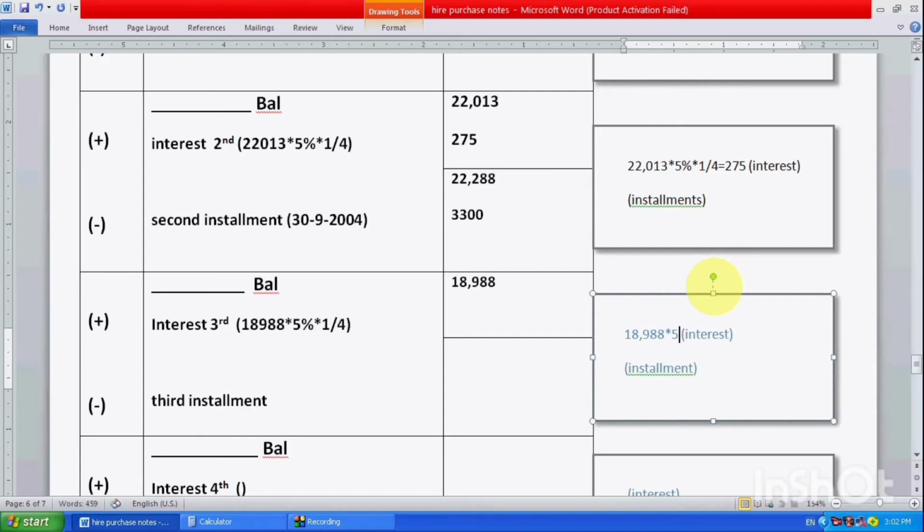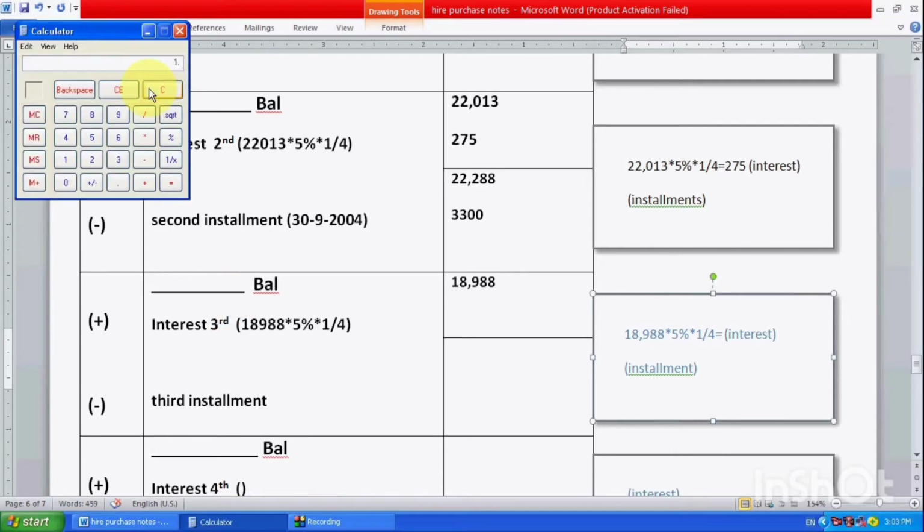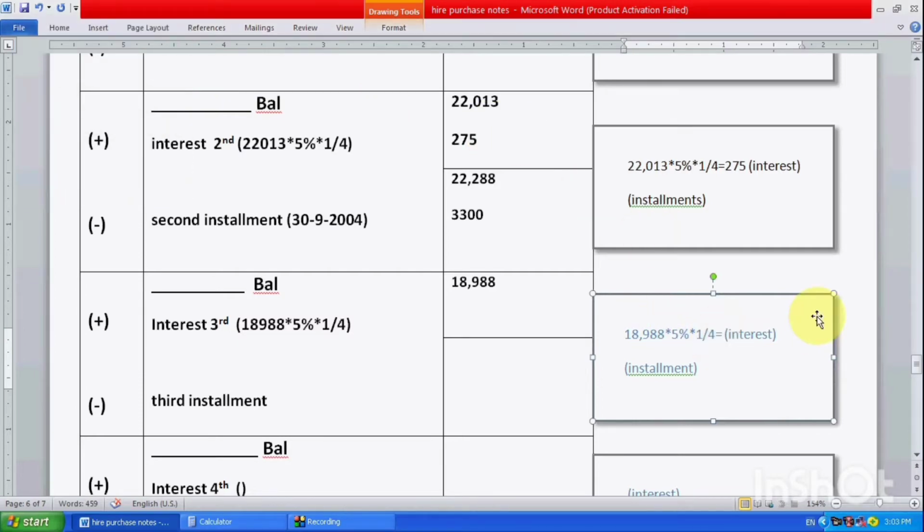Let's see on calculator. 18,988 into 5% is 949. Remember, 949 into 1 divided by 4 is 237. We are getting 237 interest for the third quarter.